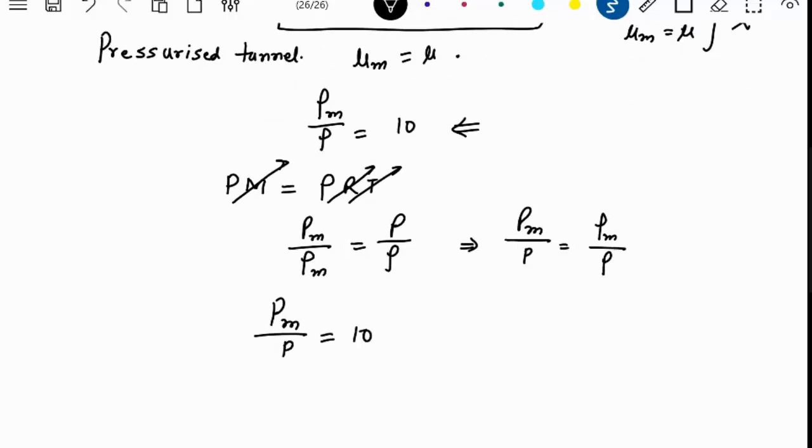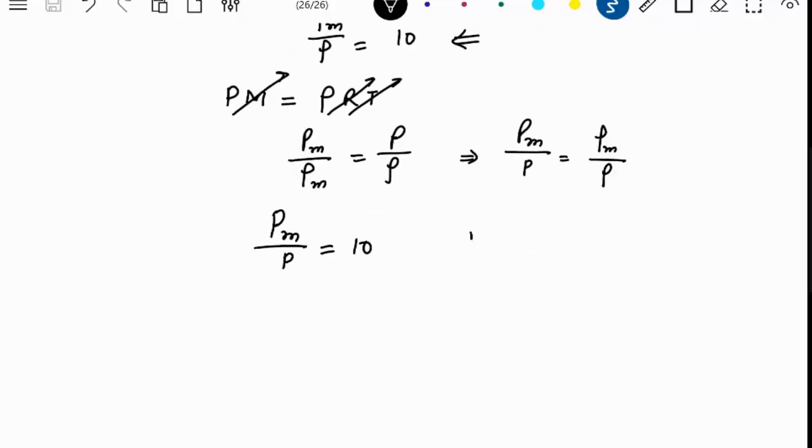So what will be the pressure? The pressure in the tunnel will be 10 times P. Let's say the aircraft is flying at 1 atmospheric pressure, then in the wind tunnel you will have a pressure of 10 atmospheric pressure.